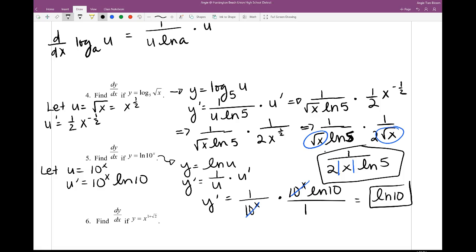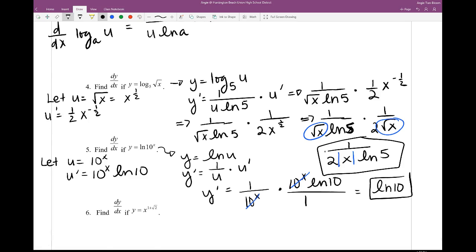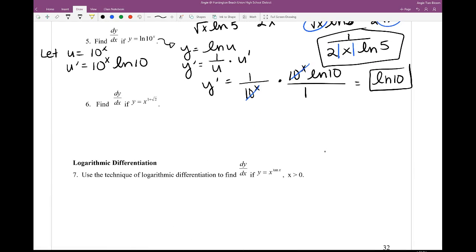All right, example 6. I want you to take a few seconds to try 6. Did you get an answer? It's tricky, right? This looks scary. Look at the power.